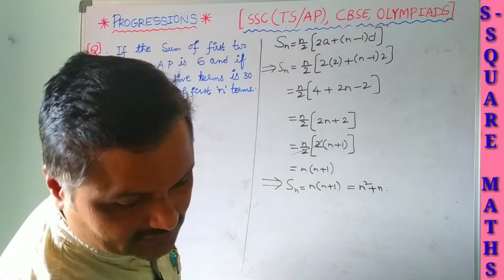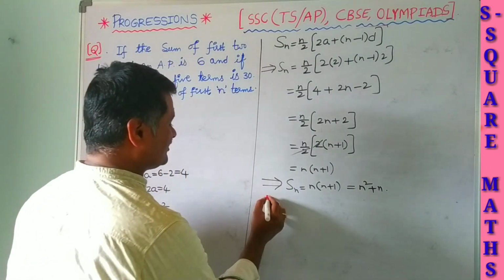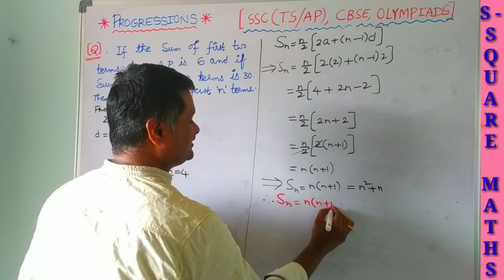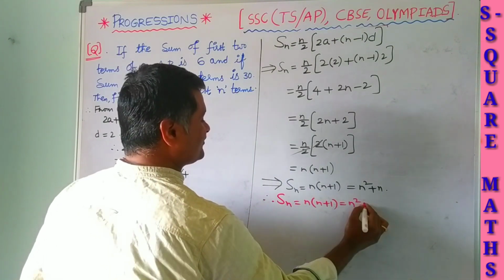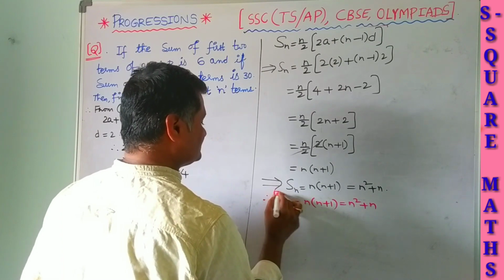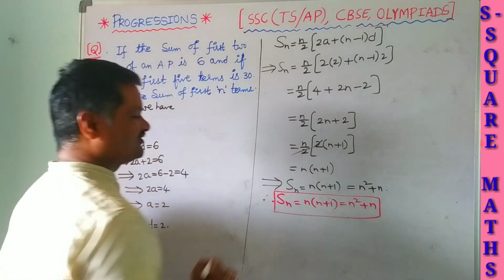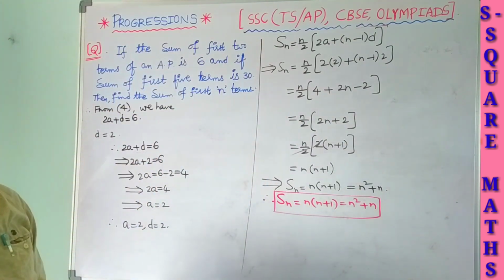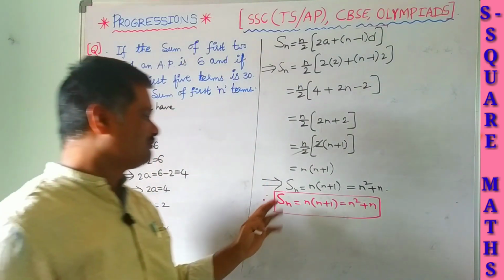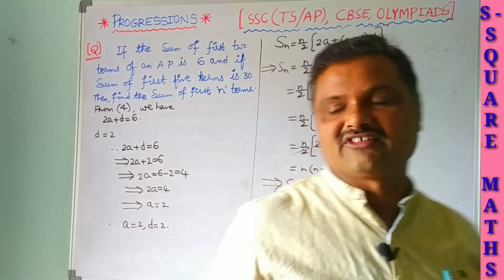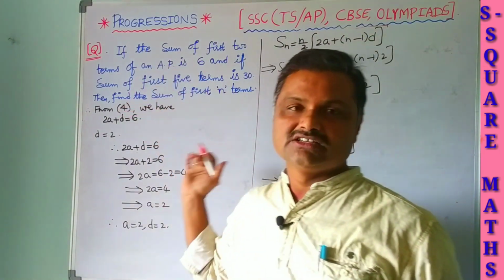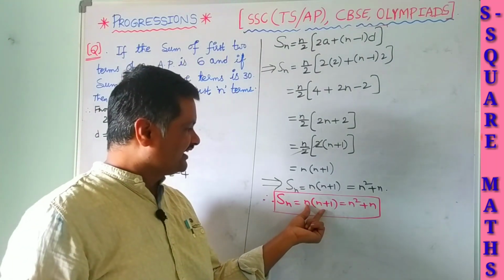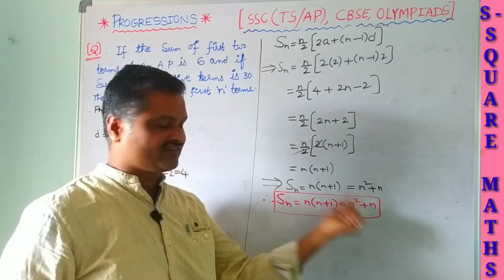So our Sn is n of n plus 1, also n square plus n. This is the formula to determine Sn for the given conditions. The sum of the first n terms of the given arithmetic progression is nothing but n into n plus 1, that is n square plus n.